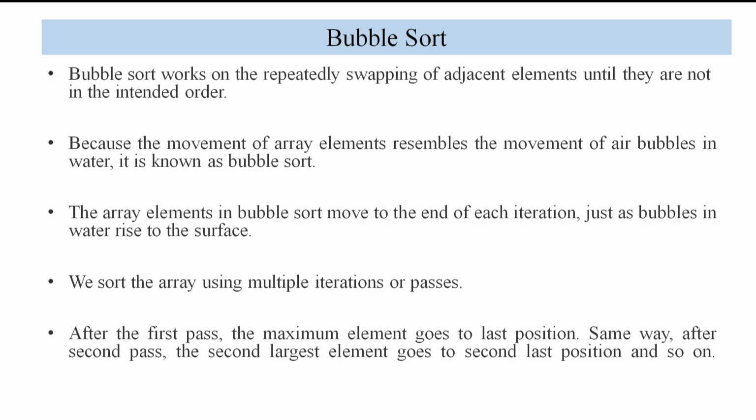Meaning to say that in this sort we compare the first two elements initially, and then we see whether the first element is smaller or greater than the second element. If we want to arrange the list in increasing order and the first element is bigger than the second element, then swapping will be required. Once swapping is done, in the next iteration we compare the second element with the third one.